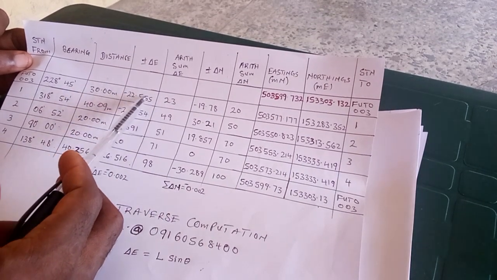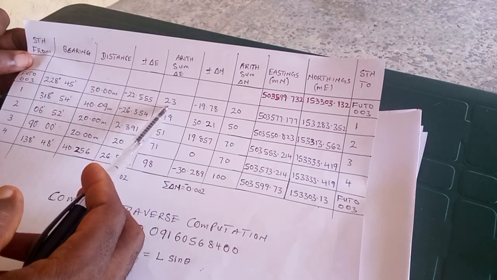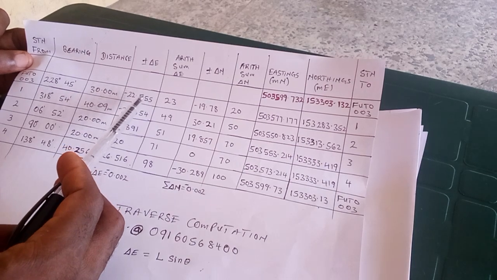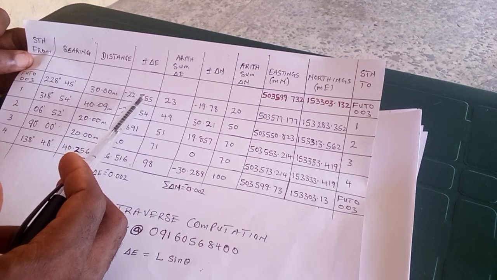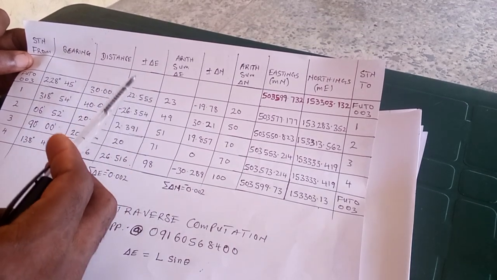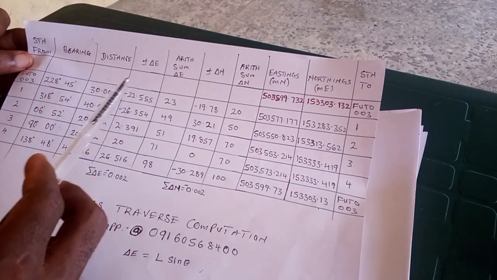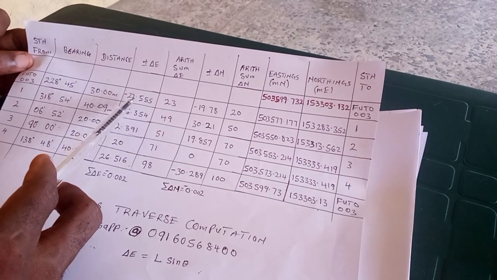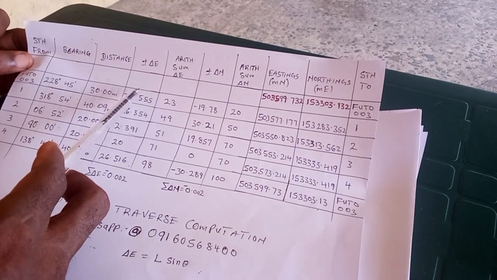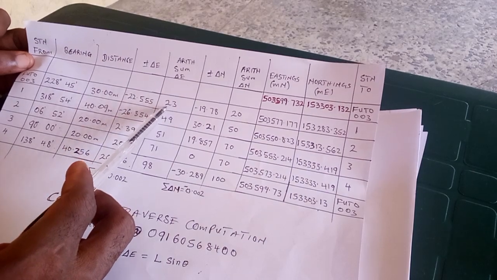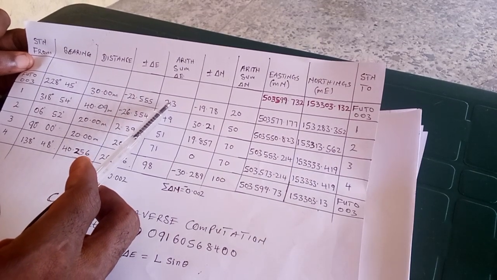In this case the arithmetic sum of this value is 23, because after the decimal point we have 5, and if it is 5 or above, you approximate to 1. If it is less than 5, you disregard it, it is of no use. In this case it is of use and you approximate it to 1. Then if you add it to 22, you get 23. This is how to get the arithmetic sum.